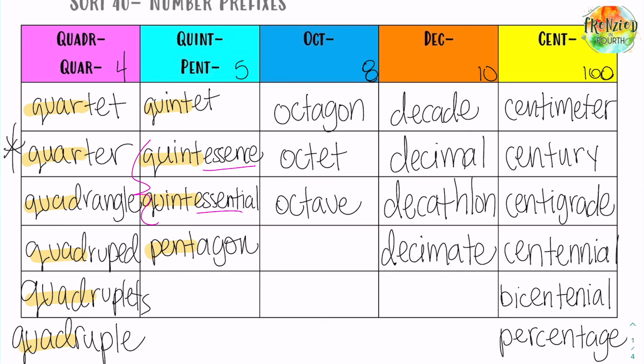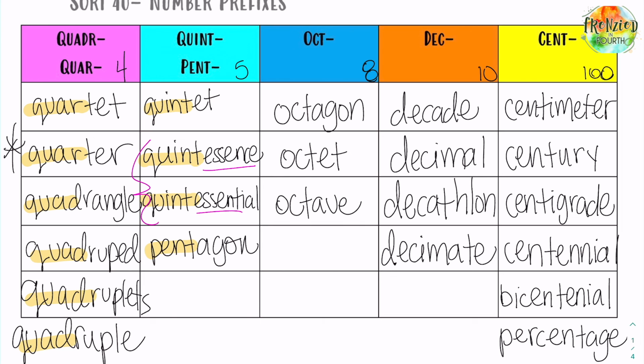In our fifth and final group, we have quite a few words. We have centimeter, century, centigrade, centennial, bicentennial, and percentage.